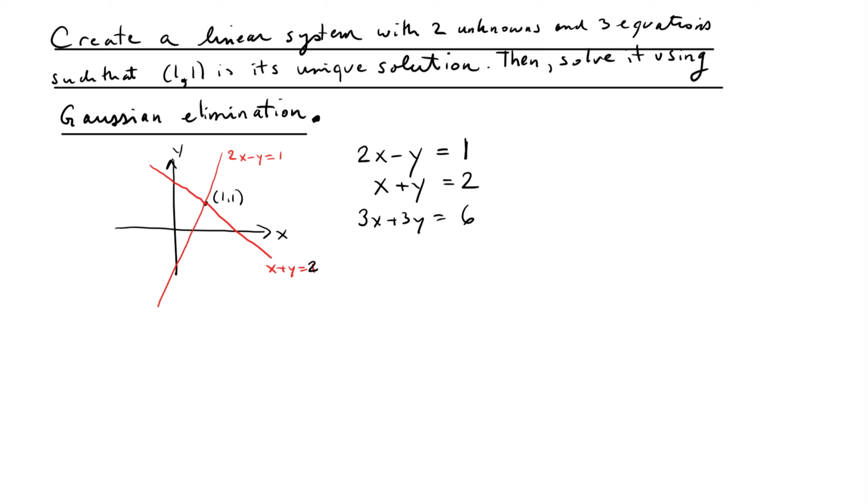Something else you could do that would seem to create something way different is to take, I don't know, equation 1 and 2, you could add them up. Okay, adding them up, you'd create this equation, 3x equals 3, something like that. That looks super simple. So maybe we could subtract them.